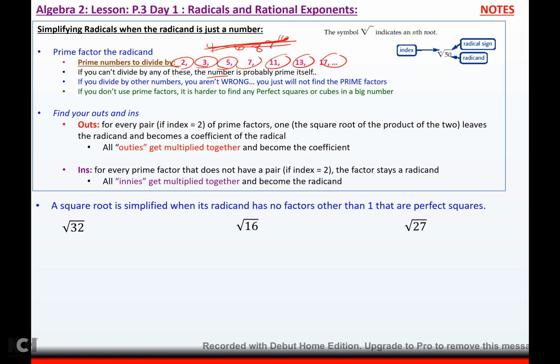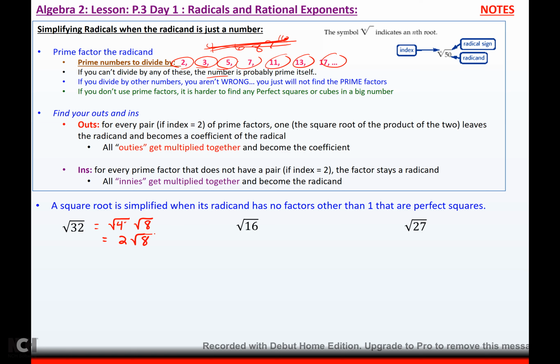I could look at that and go, well, I know that there's a perfect 4 in there, so I could say that's the square root of 4 times the square root of 8, which would give me 2 square roots of 8. That's one way you can do it if you're good at recognizing your perfect squares. The problem is this isn't as simple as it can get because 8 has another 4 in it.